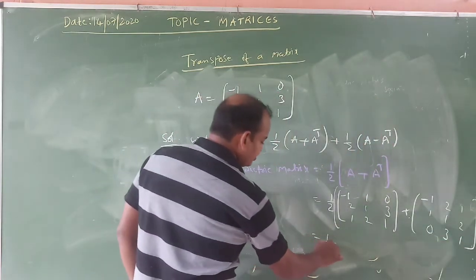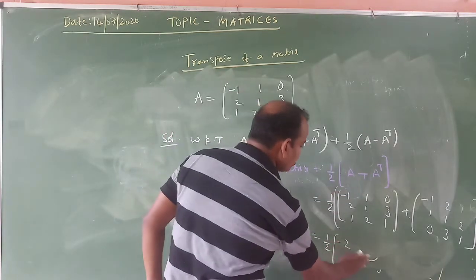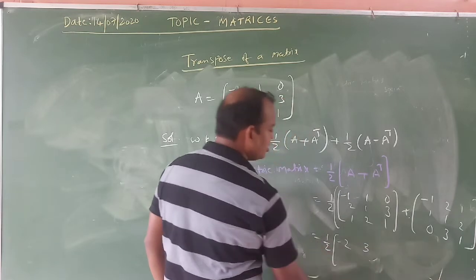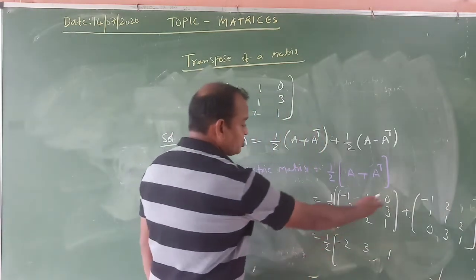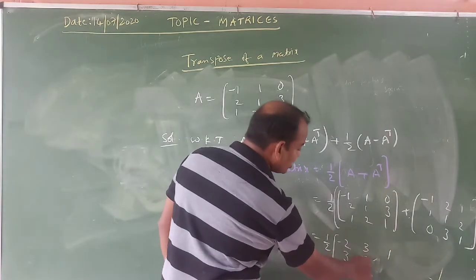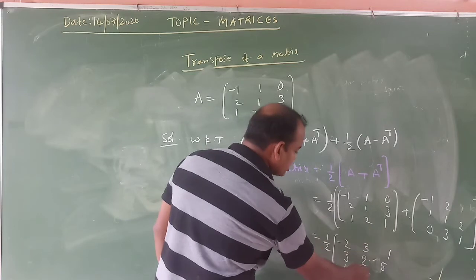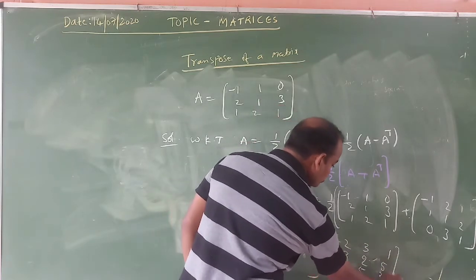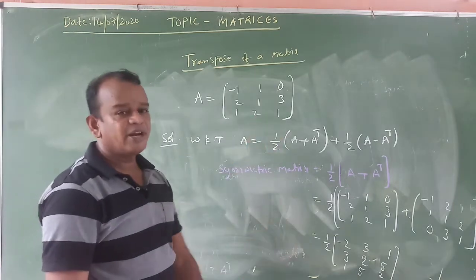Now half into adding: minus 1 minus 1 is minus 2, 1 plus 2 is 3, 0 plus 1 is 1. Next 2 plus 1 is 3, 1 plus 1 is 2, 3 plus 2 is 5. 1 plus 0 is 1, 2 plus 3 is 5, 1 plus 1 is 2. Now multiplying with 1 by 2, this is the symmetric matrix.